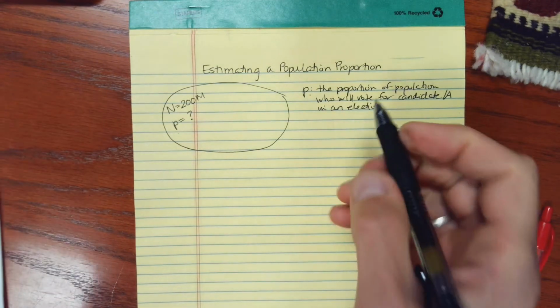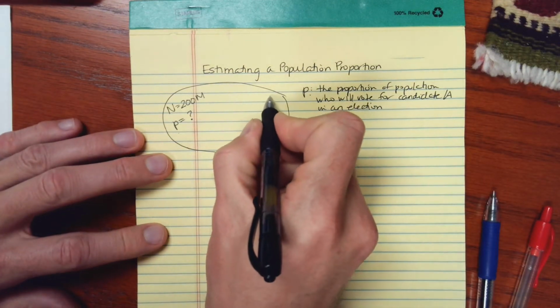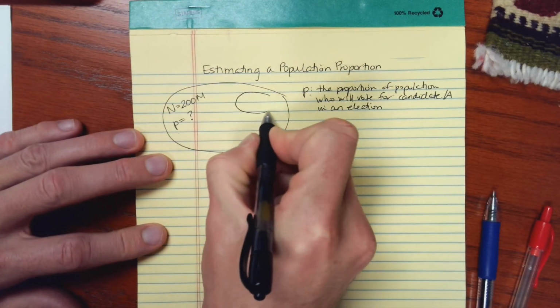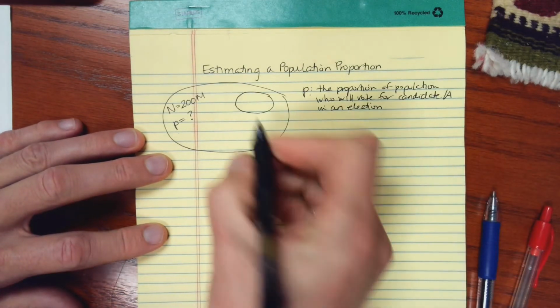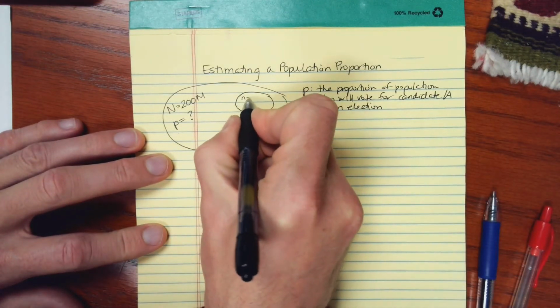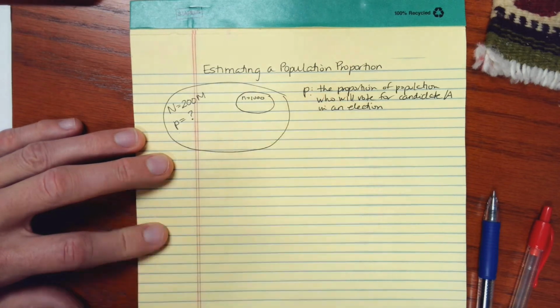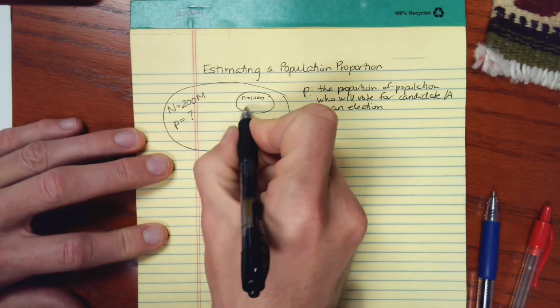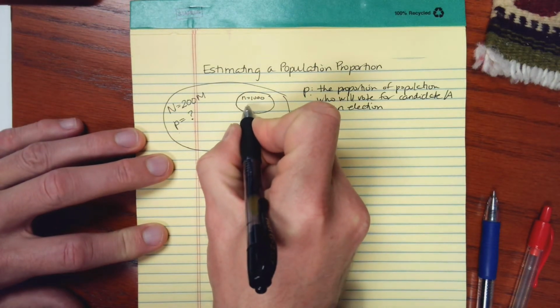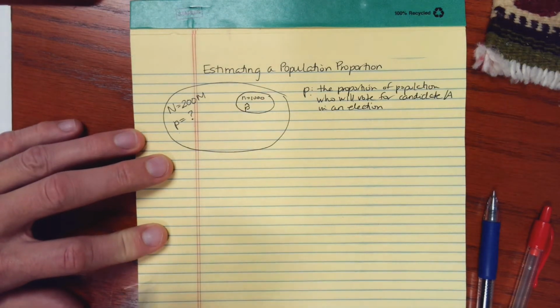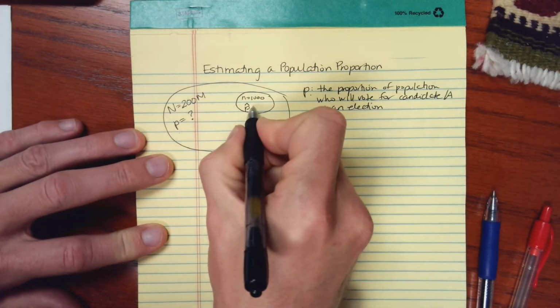All right. So let's begin by thinking about what would happen if we were to just take samples from this population. So maybe we would take a sample of 1,000 people. And from this sample we could calculate a sample proportion. So for that I would use the symbol p hat.